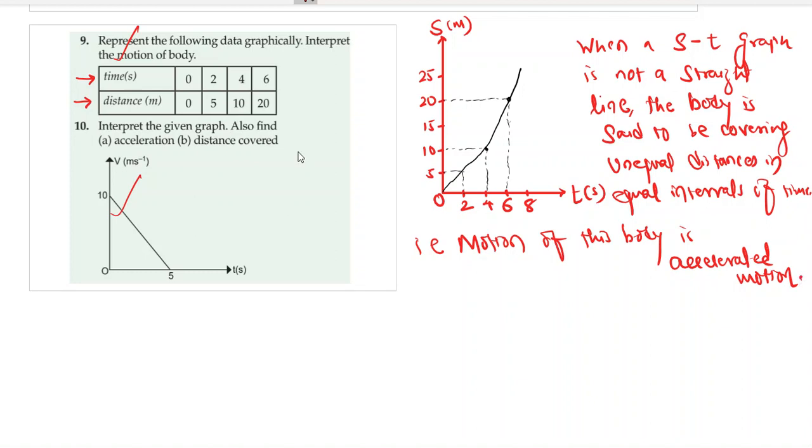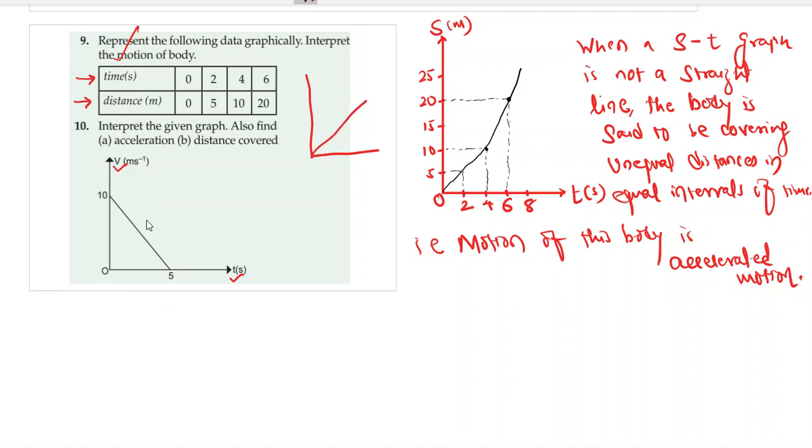Let's see question number 10. That is also one doubt somebody asked me. Interpret the given graph. Also find the acceleration and the distance covered. So this is a velocity time graph. And whenever the velocity time graph is a straight line but declined line, you remember I called a straight line like this, inclined.